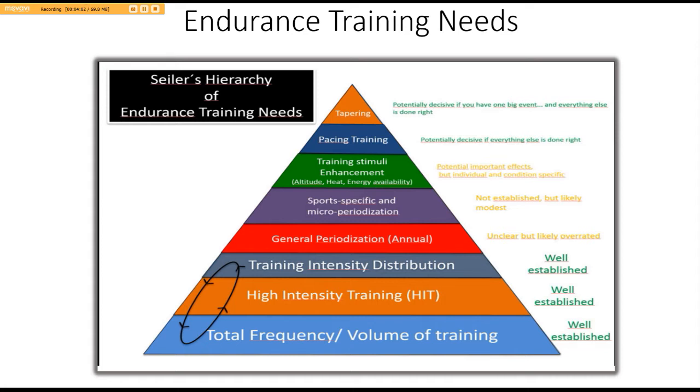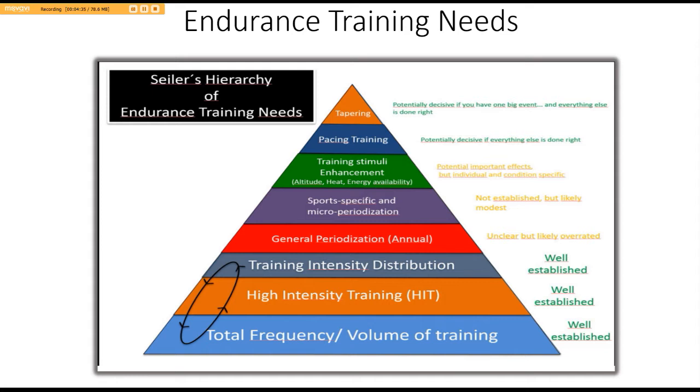Celia is an American researcher who's based in the Nordic region and has worked with a large range of endurance athletes. So she is well placed to give us an overview as to what might be important. In this hierarchy of needs, down the bottom you have total frequency and volume of training, high intensity training, and the training intensity distribution, so training high intensively or low intensively.